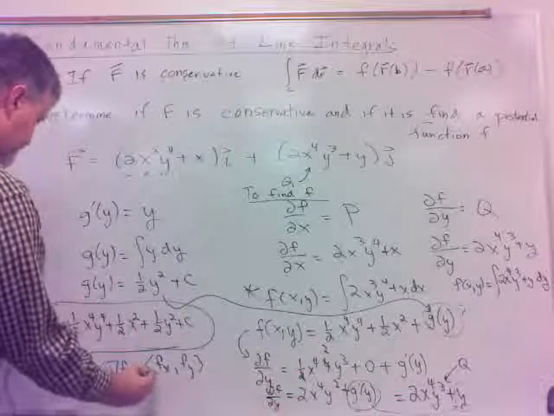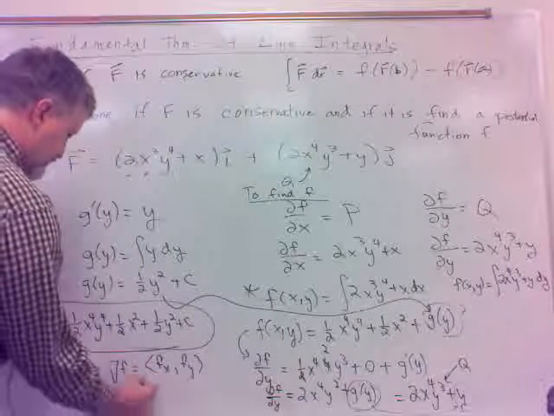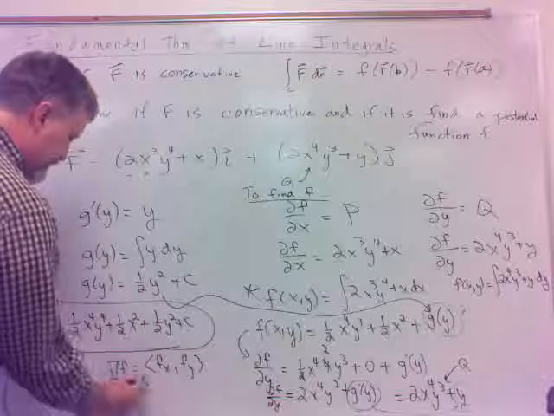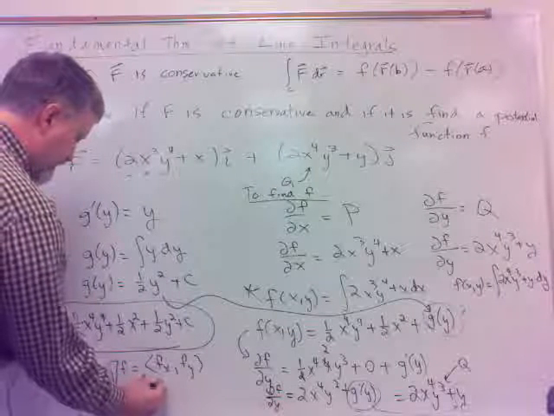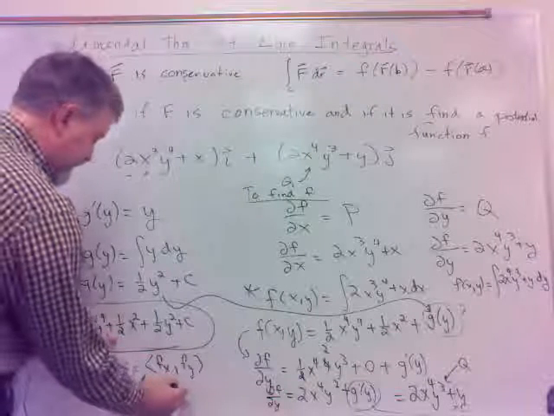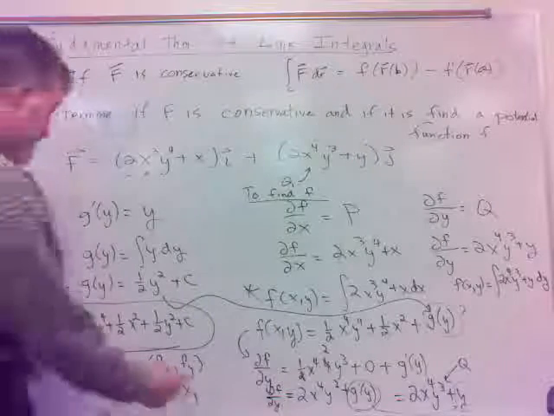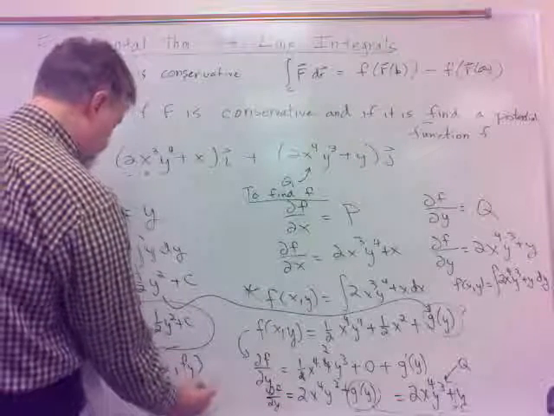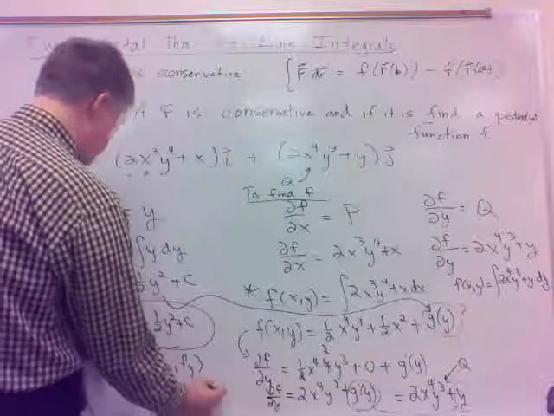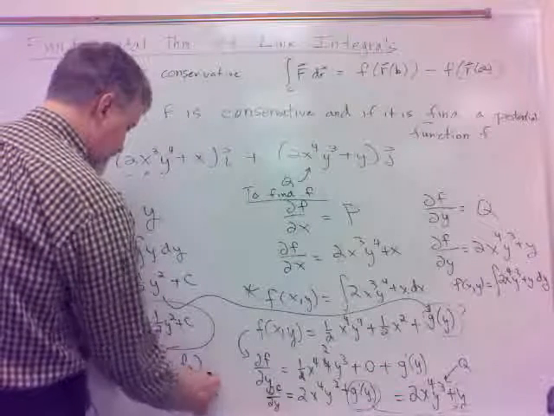Partial of f with respect to x, so that'd be 4x cubed, so that'd be 2x cubed y to the fourth plus, this would be x, that'd be the partial of f with respect to x. Partial of f with respect to y would be also 2x to the fourth y to the third.